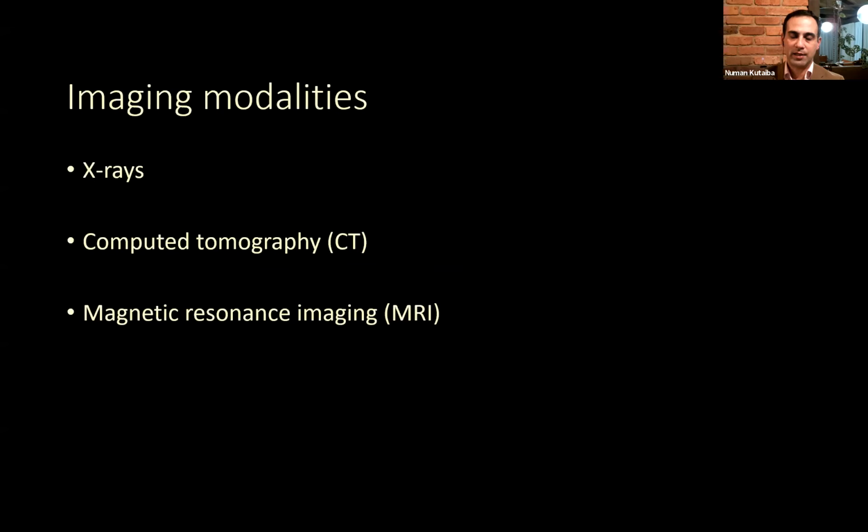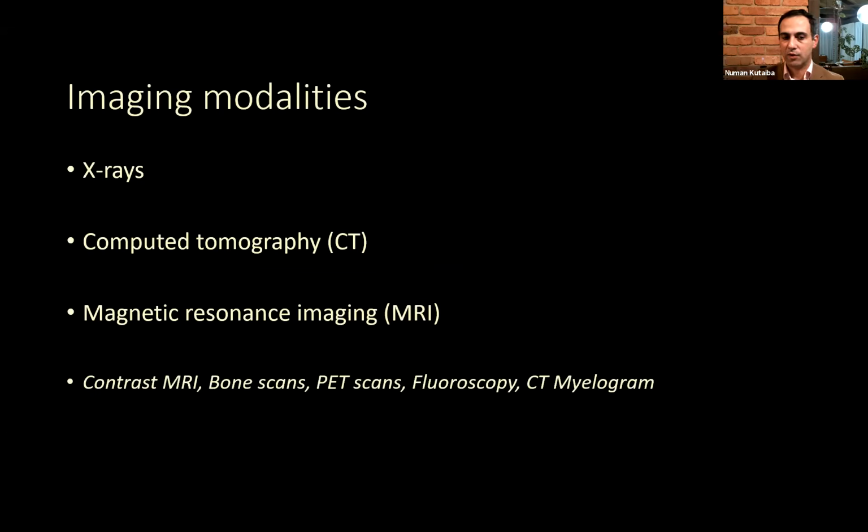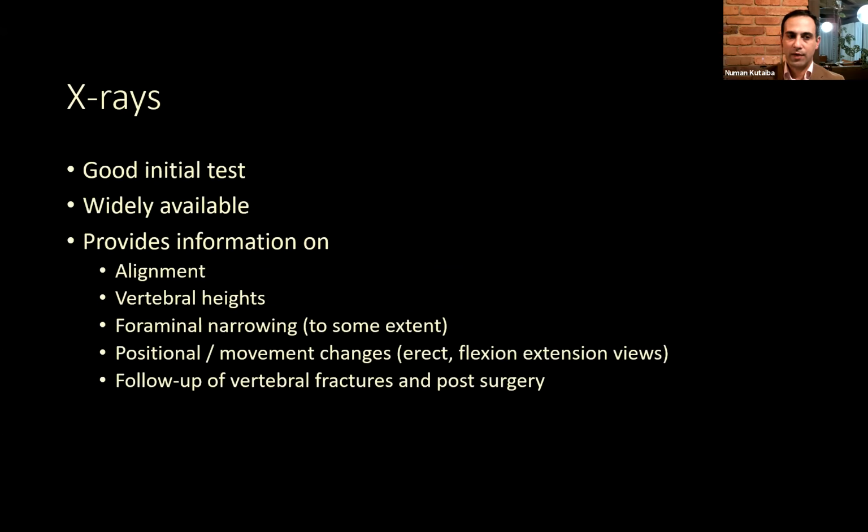The imaging modalities that are commonly used are X-rays, CT, and MRI. I will talk about these, and I will leave out contrast MRI, bone scans, PET scans, fluoroscopy, and CT myelograms. These are probably too specific and are done for certain indications. X-rays are a good initial test. They're widely available.